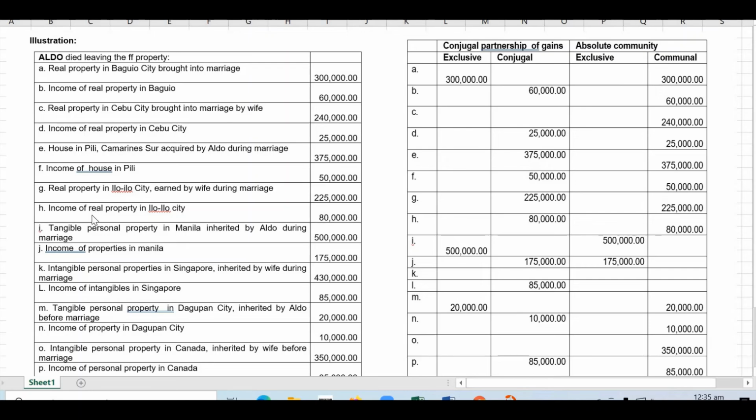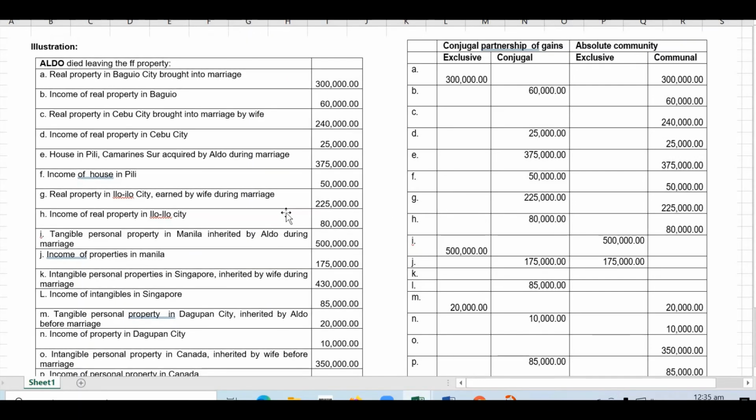Okay, so we have real property in Iloilo City earned by wife during marriage. Of course, ang ma-earn during marriage, whether kay husband or kay wife, na-consider siya as part of the conjugal properties under conjugal partnership of gains and communal property under absolute community.